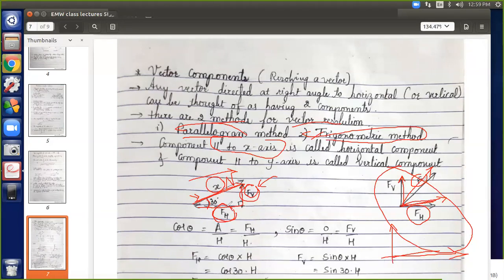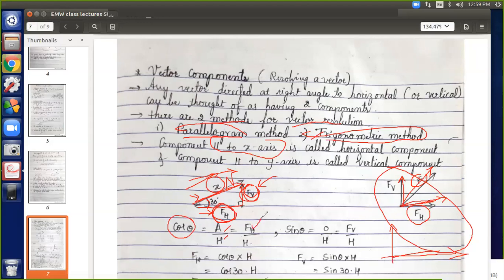So adjacent is your FH, and opposite is FV. The hypotenuse is your force applied, that is x newtons. So in order to get the adjacent value, take the cos theta formula, adjacent by hypotenuse.